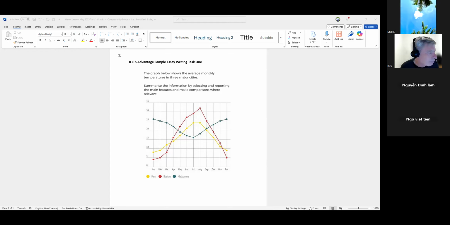Remember, city is a noun, needs an article in front of it. Melbourne is the city with the smallest range of temperatures. Paris's range of temperatures is in between Boston and Melbourne. Good, Ding Lam. That's pretty good. Pretty good answer. Thank you.